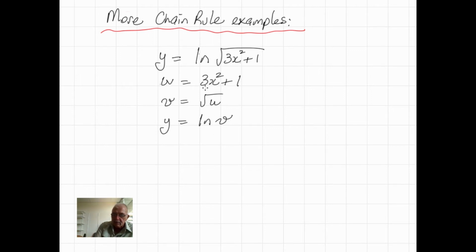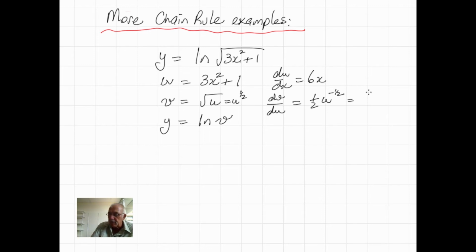And we've got to actually find the derivative of this. du dx is equal to 6x, derivative of the constant is 0. This will be dv du. Now that's u to the half. So that'll be a half u to the minus a half. So bring the power down, take 1 off the power.